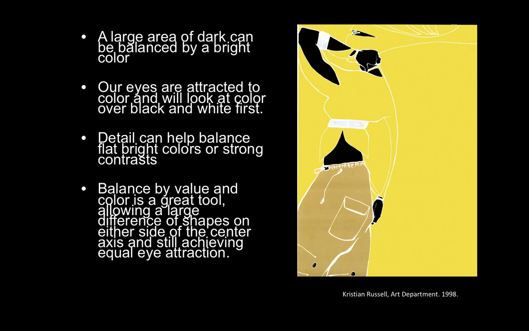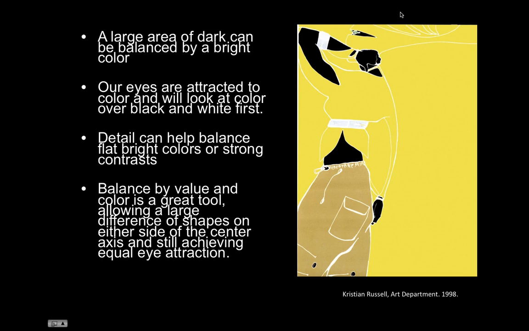So you can see this here. We have a really bright yellow, and then the black is pretty high contrast, and so there's so much yellow here. To balance that out, you need these stark contrasts, and all of these lines create interest to look here to balance out all this yellow.